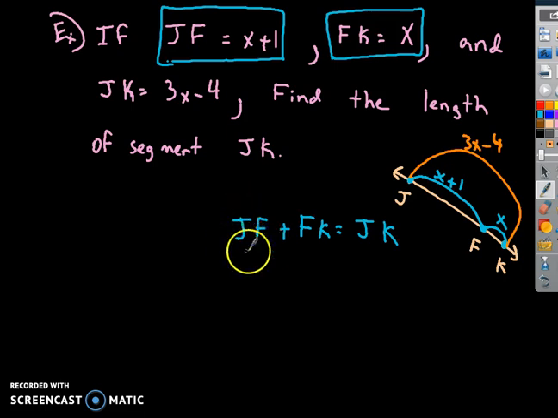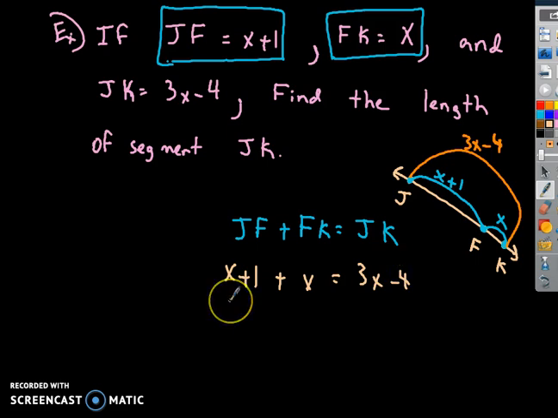So I can make substitutions. JF is x plus 1. FK is x. And JK, this whole thing, is 3x subtract 4. So now I have an equation that we can solve.